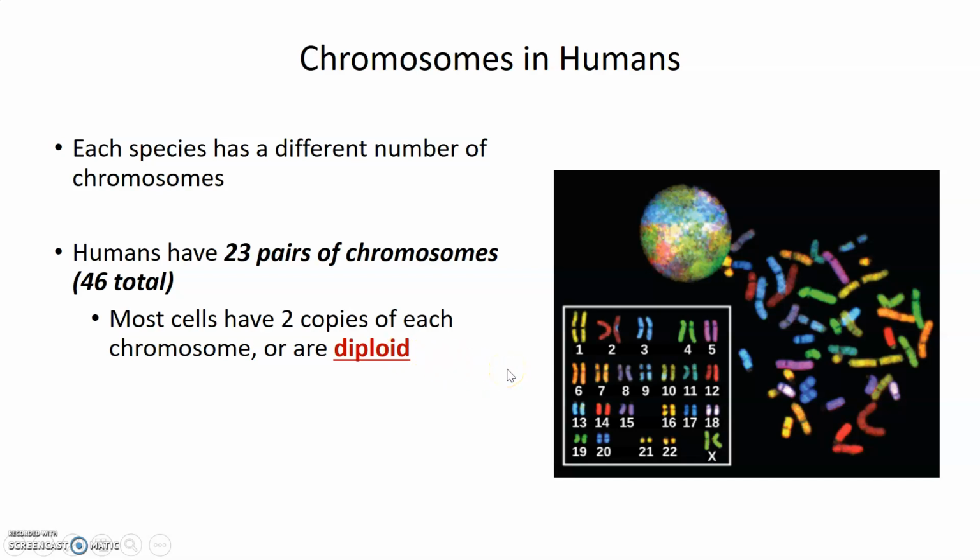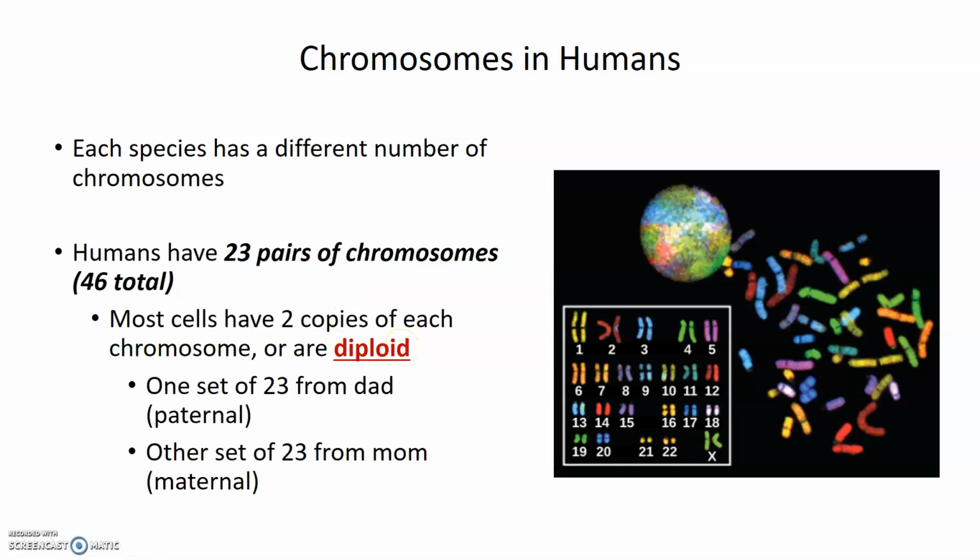Diploid being di, two copies of each chromosome. And one of these chromosomes comes from your mom, and the other one comes from dad. So you have a paternal set and a maternal set of chromosomes. And so each pair, for example this chromosome 1 here, will have a paternal and maternal chromosome as part of it.